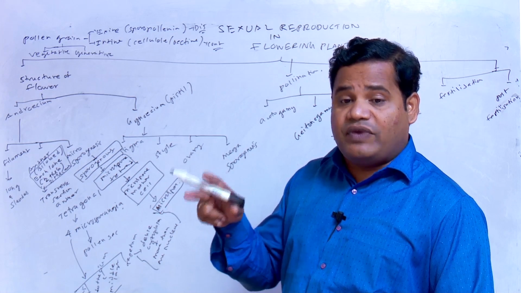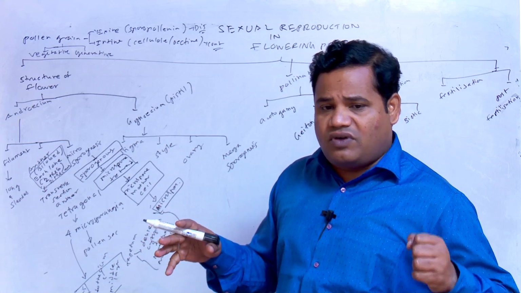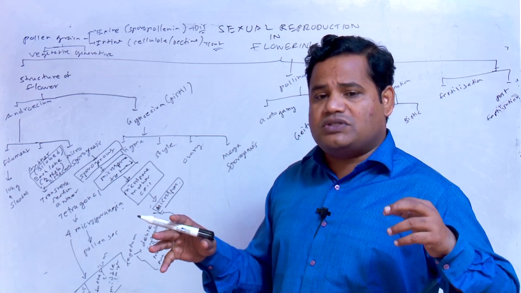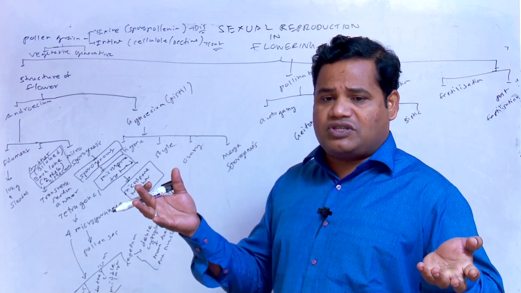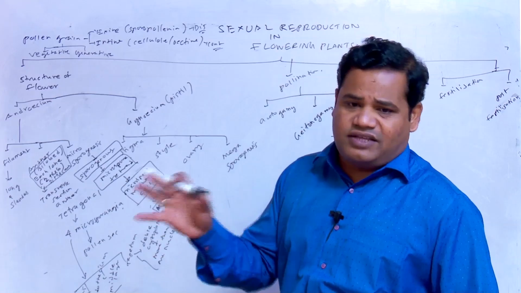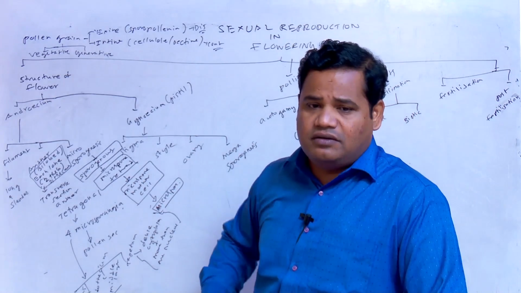That means we can say the three-cell stage. So pollen grains may be shed at the two-cell stage, or at the three-cell stage. In two different conditions, these pollen grains may be shed.